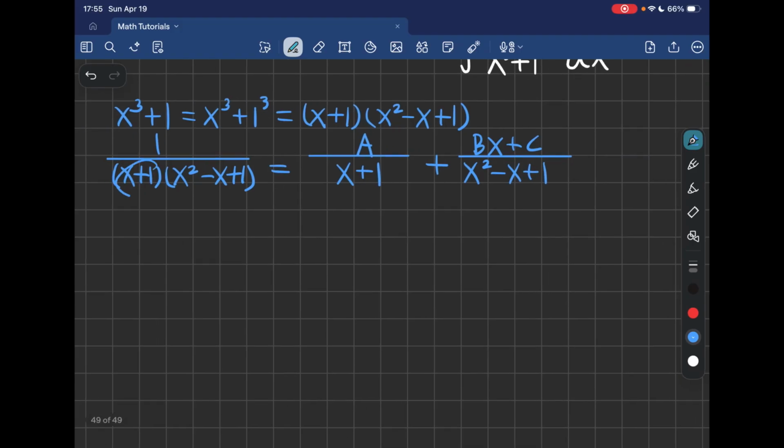Each factor inside this product will be assigned to one of the smaller fractions. Notice that for this one we have a linear expression, so we have a constant a right here. It's just a number. And for here we have a quadratic expression.